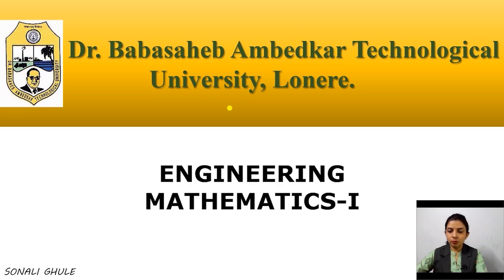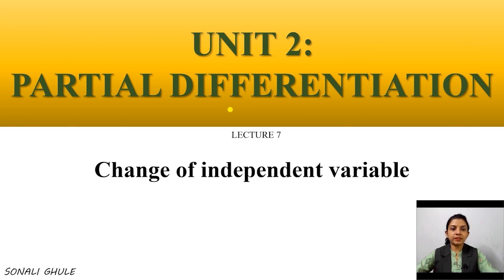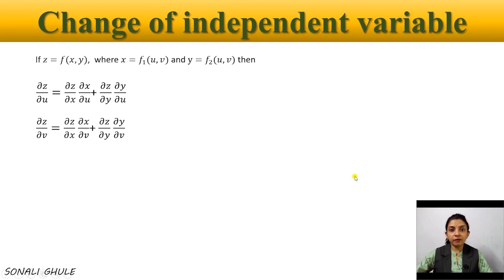Okay, so let's see the next topic in this 7th lecture, that is change of independent variable. Let's see what a change of independent variable is. You have a function z equal to f of x, y.